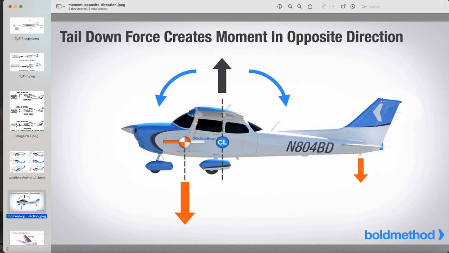So it's a twofold thing that needs to be balanced by the pilot, regardless of whether you're flying a huge plane or a little small Cessna type thing like this. You're going to need to deal with the same problem. So when you pitch up, tail down, or tail down, pitch up. That's how it works.